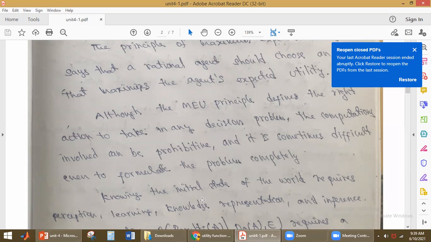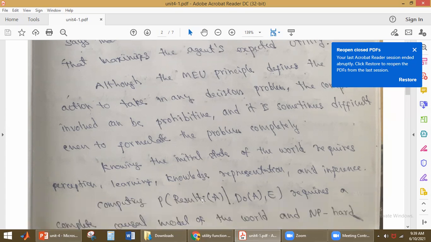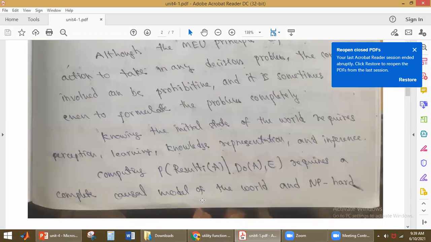And it is sometimes difficult even to formulate the problem completely. So that is the principle of maximum expected utility: the agent will select an action which has maximum expected utility. We also require the initial state.